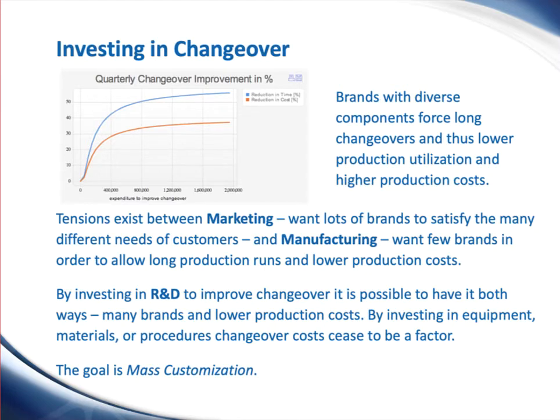The goal would be mass customization. See our good friends at Dell, that you can create many brands for many segments and you don't have to fear the changeover cost, given the fact that you invested enough in research and development to drive changeover costs down.